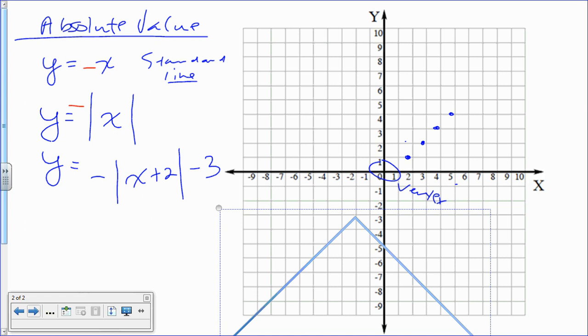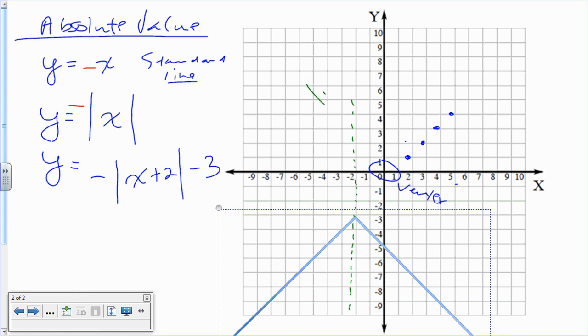Now, on the notes today that you're about to watch, I show you another method. You can use an input-output table to do the same thing that we just did here. Here's the deal. On these graphs, from the vertex, you have a dotted line that goes right down the middle of it.